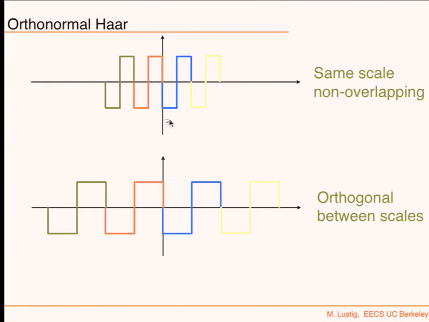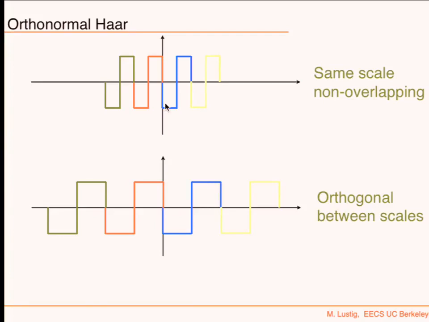This is orthonormal Haar. What I'm showing here, each color represents a different atom. Okay? And instead of having, for that particular scale, all the possible shifts of atoms on the continuous scale, I'm just going to have atoms that are non-overlapping. If they're not overlapping, they're orthogonal to each other, because if you multiply and add, they don't overlap, so it's 0.